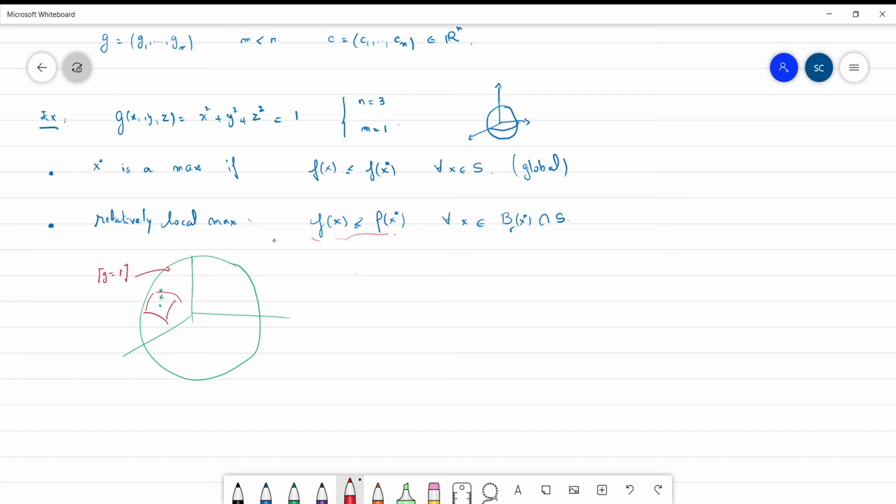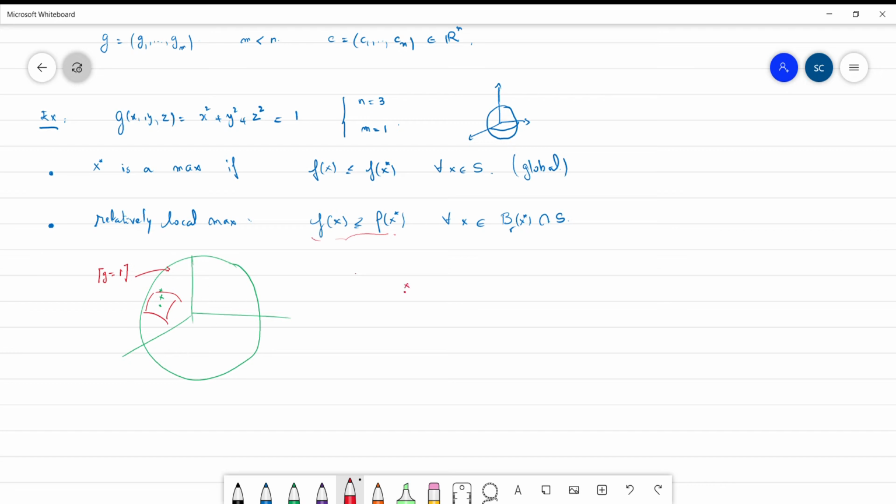But when working on a different set S, we were comparing locally what is happening, considering points close to x star, but close in different directions.